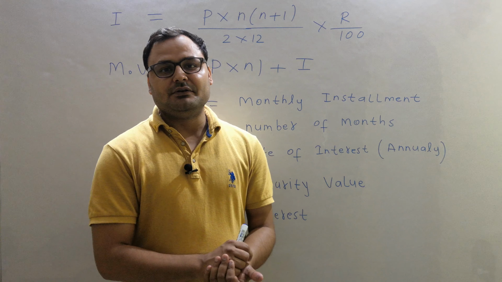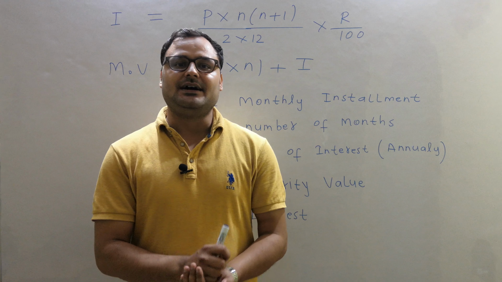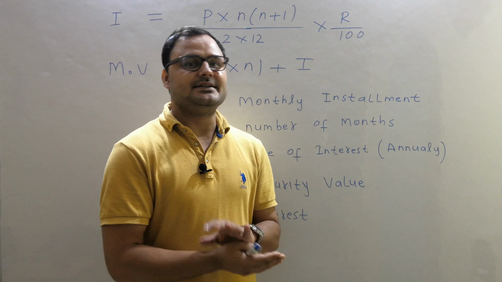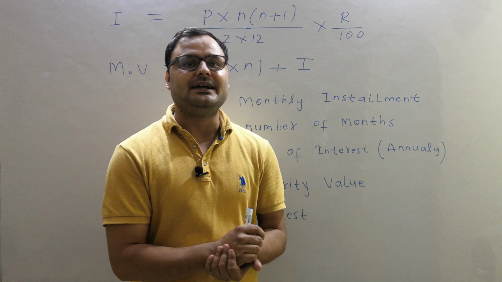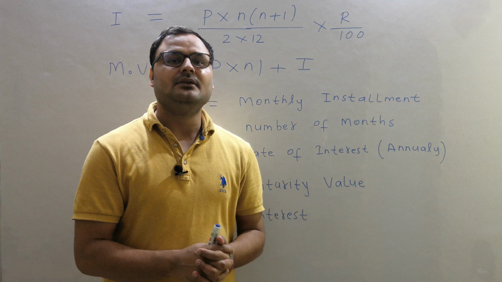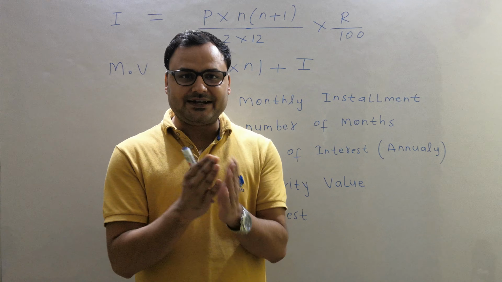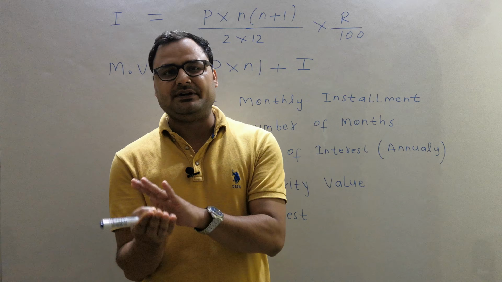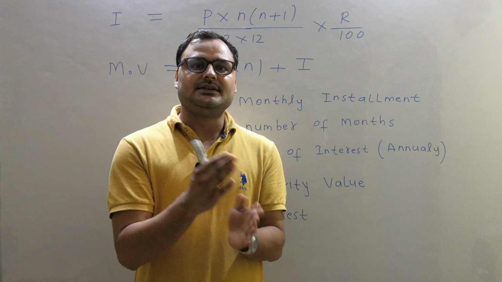Today we are going to do banking from class 10th ICSE mathematics. It's not totally banking, it's about only one thing, that is recurring deposit. Recurring deposit means we have to deposit a fixed amount every month in a bank for a certain period of time, like 2 years, 3 years.